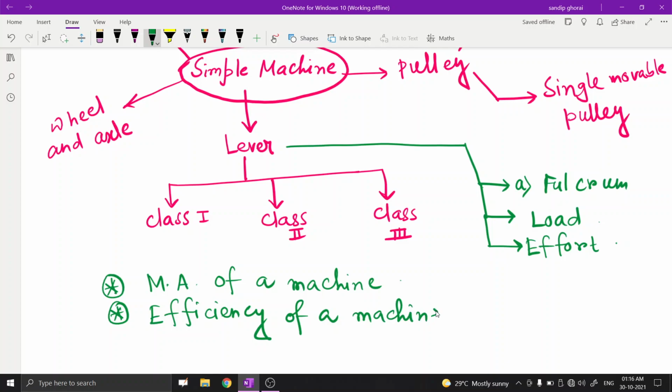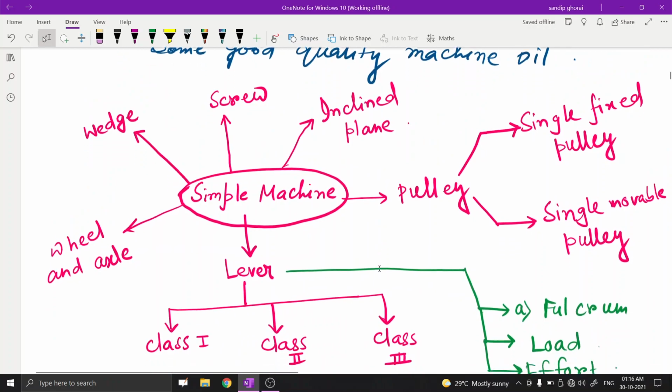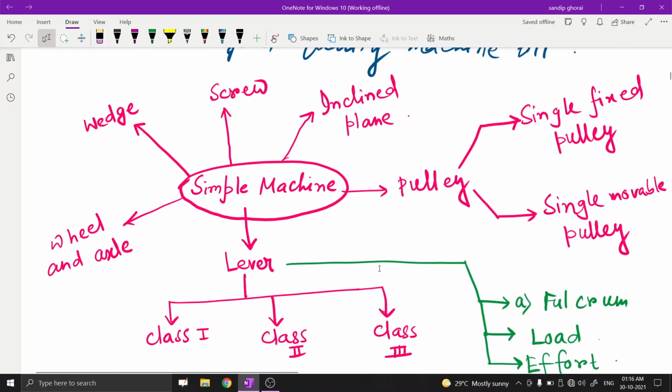Okay, this is the simple concept map. In this map you can see, at first you have to know what is a simple machine, then the 6 types of simple machines, and the definitions of all these types of machines.